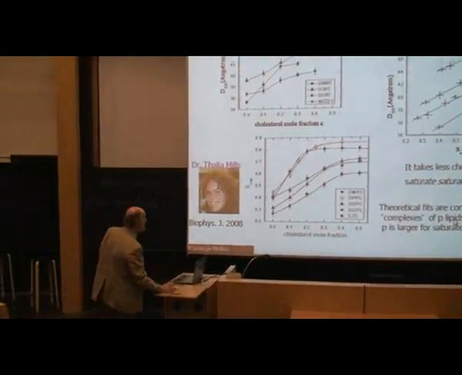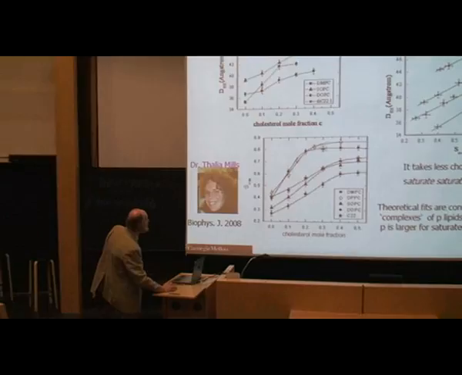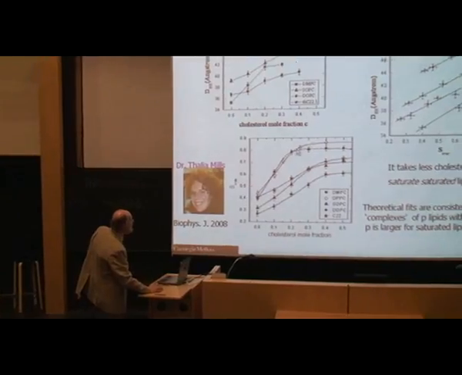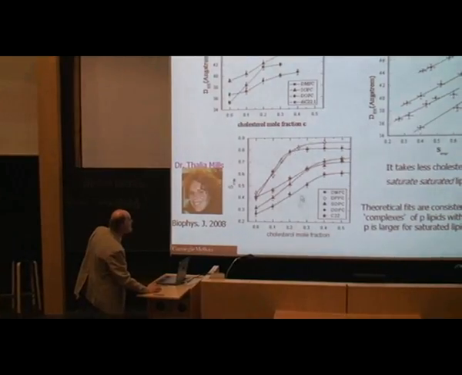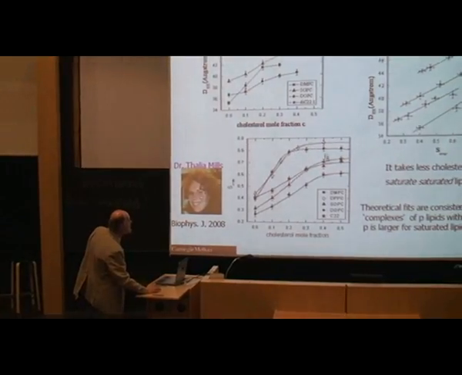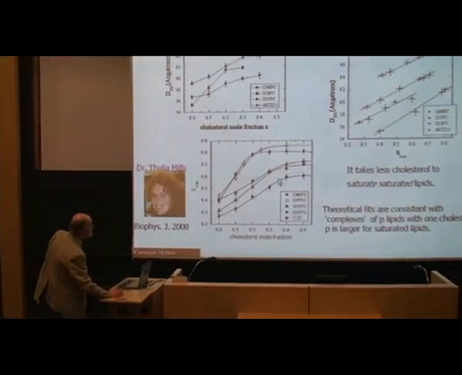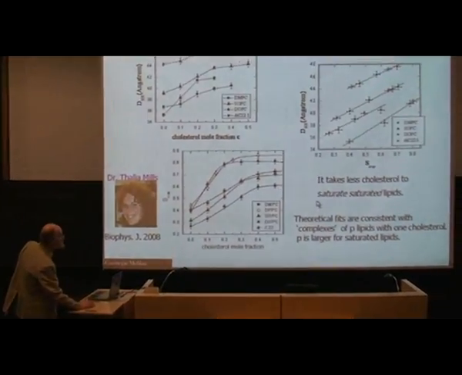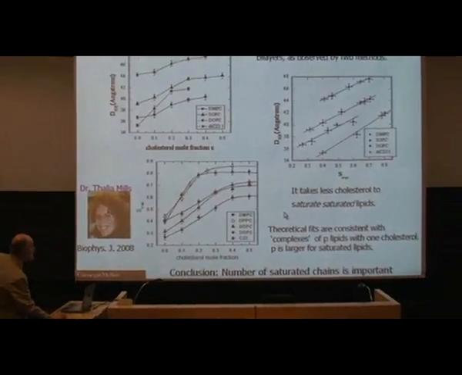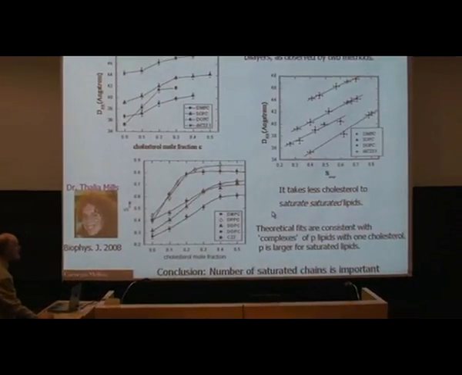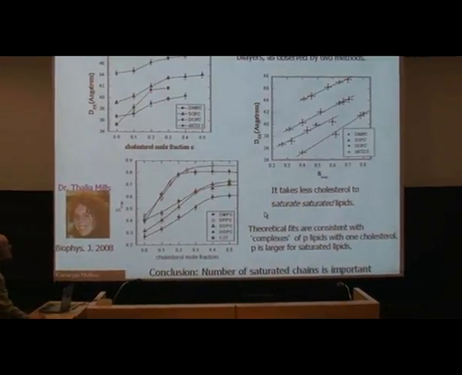And that's why this saturation level levels off quicker at lower concentrations for these lipids, which are both saturated, relative to these lipids which have unsaturated chains. Okay, so again the conclusion, the number of saturated chains is important for these properties.